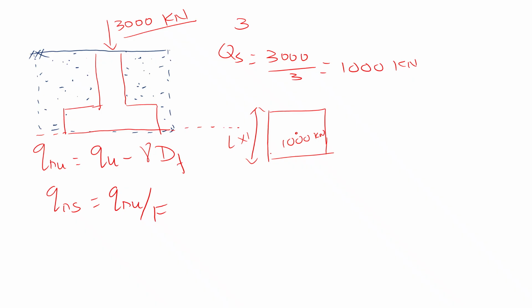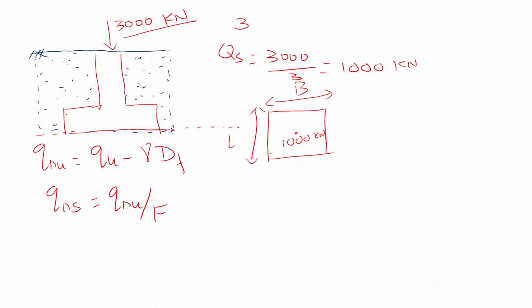It has a length of L and a width of B, right. If the pressure exerted by the foundation is very high, I can increase the area so that I can redistribute the effect of foundation. So I have a control on the pressure from the foundation as well.